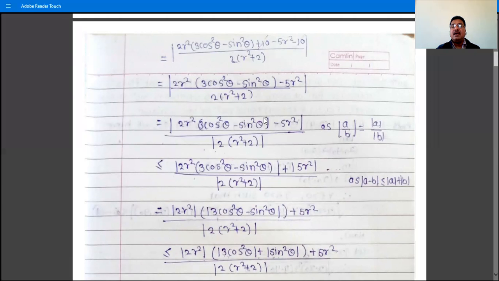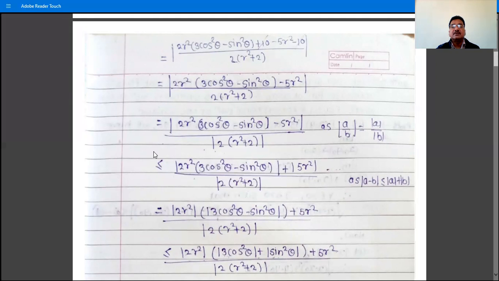Mod a minus b is less than or equal to mod a plus mod b. Don't write mod a minus mod b. Mod a plus b is also less than or equal to mod a plus mod b, and mod a minus b is also less than or equal to mod a plus mod b. So this is mod a by mod b divided by mod 2 r square plus 2.